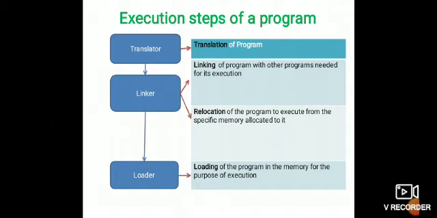One is the linking of a program with other programs which is needed for execution. The other function is relocating the program in a specific memory such that it is easy for the execution. And the third one is the loader, which will load the program in the memory for the purpose of execution. So these are the execution steps of a program.